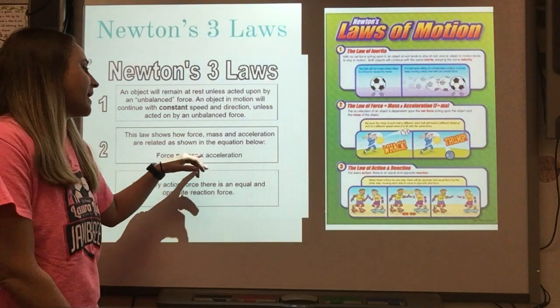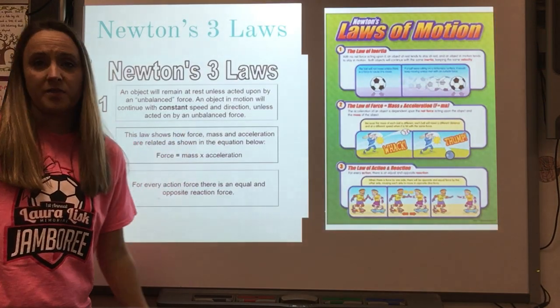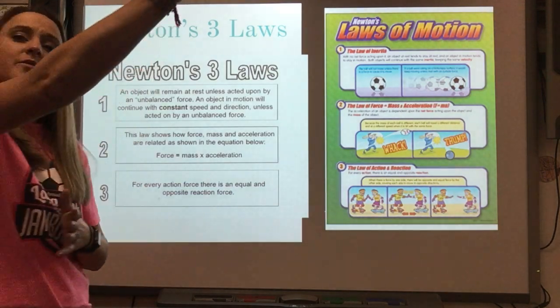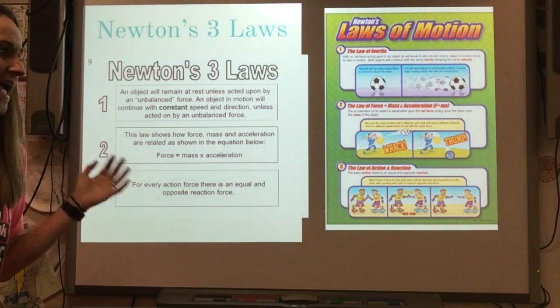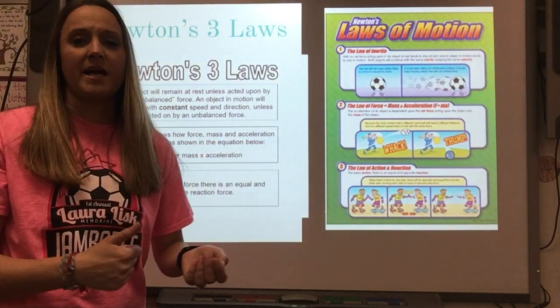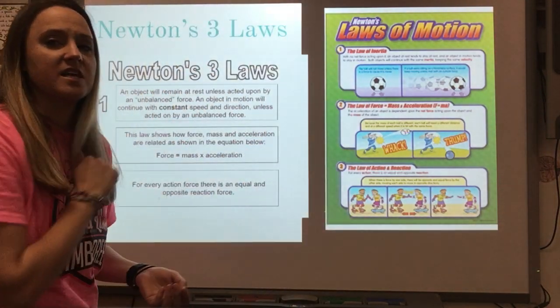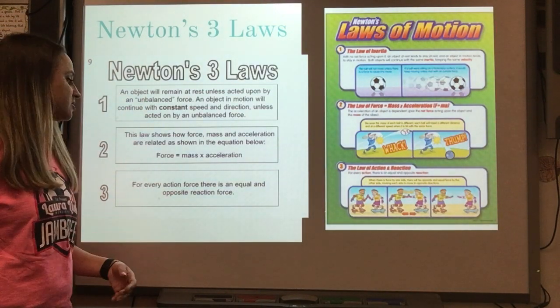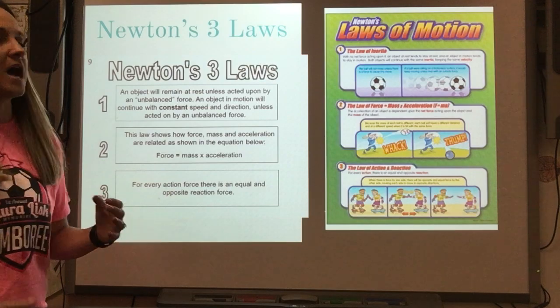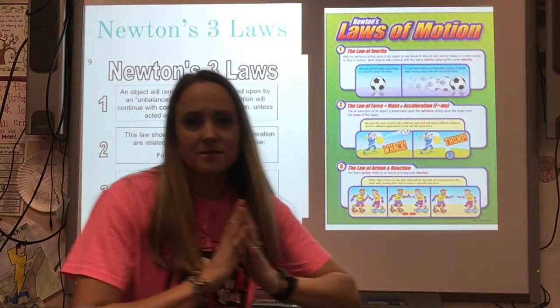Force equals mass times acceleration. So what that means is acceleration is produced when a force is applied to a mass. Anytime an unbalanced force is applied to a mass, you're going to have acceleration. And number three, for every action, there is an equal and opposite reaction.